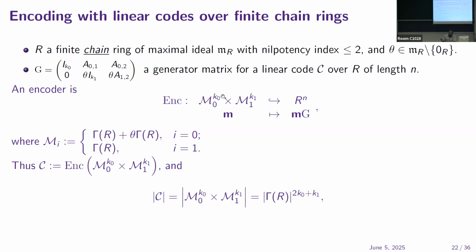Given the generator matrix D, K0 is the number of free rows and K1 is the number of non-free rows of D. Okay, we obtained this encoder for C. Since the encoder is an injective function, the cardinality of C equals the cardinality of the set of messages.